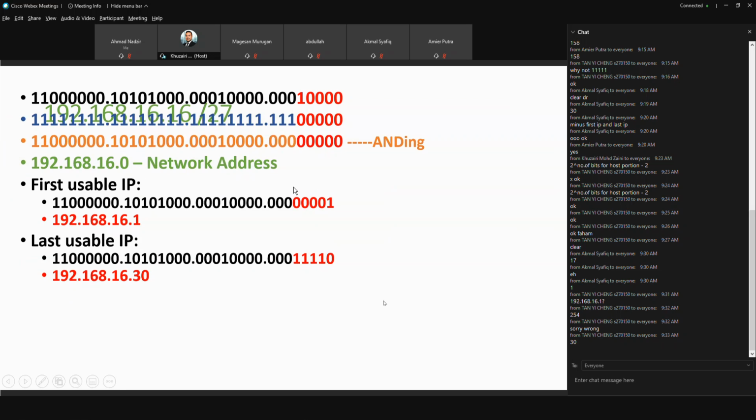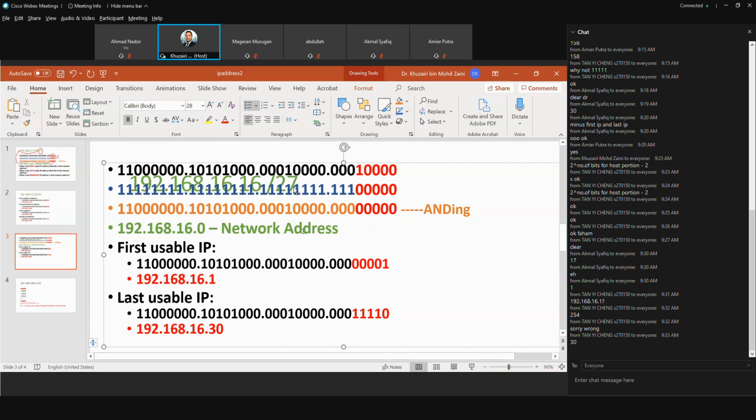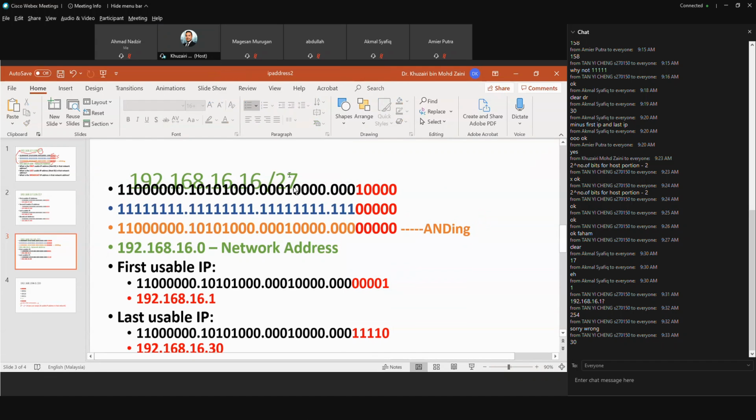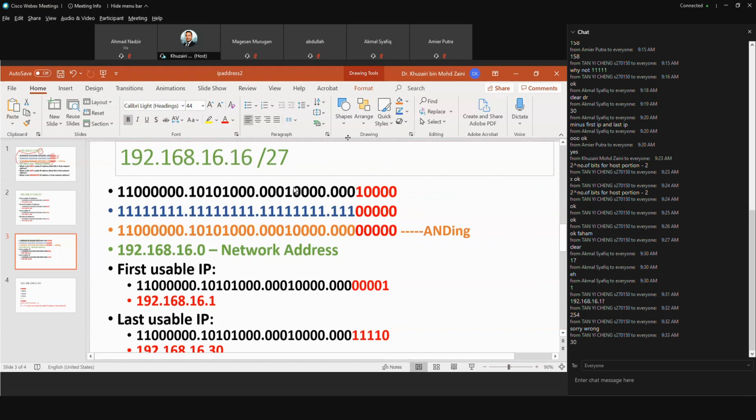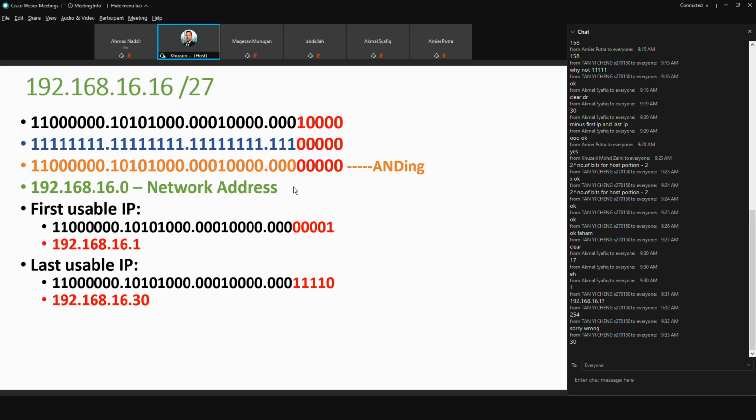This one, the last usable IP becomes 30. Agree? Any questions? How did we get this?